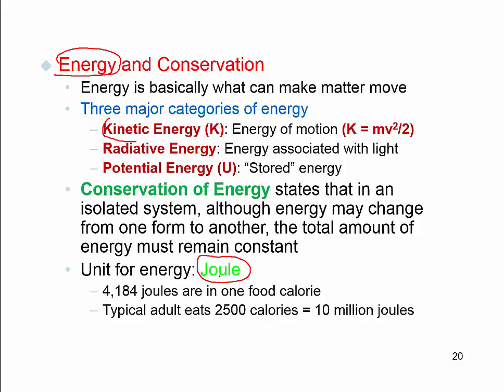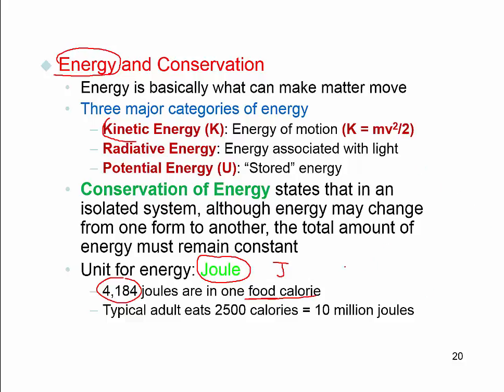Energy is measured in a unit called joule, and we represent it by the letter J. Now, 4,184 joules are in one food calorie. I'm sure you know that. When you eat food containing 1 calorie, that is 4,184 joules.